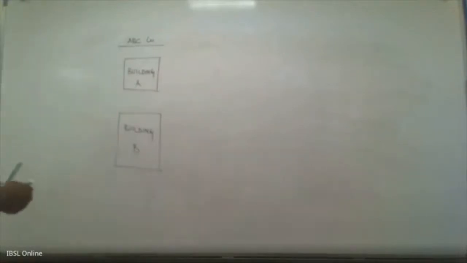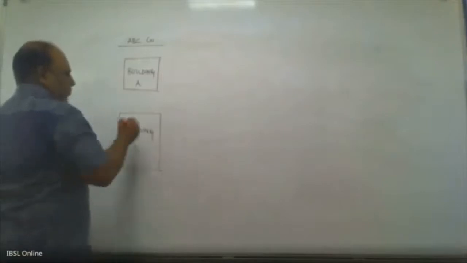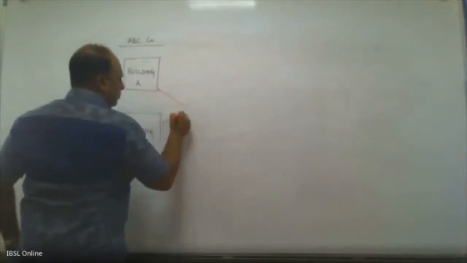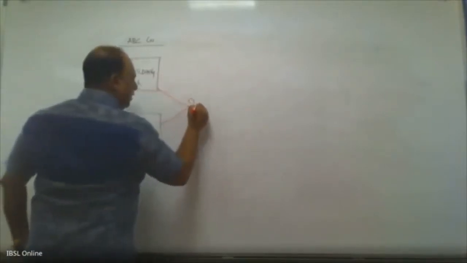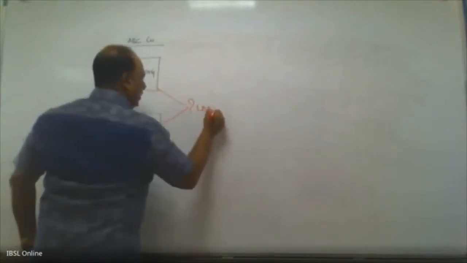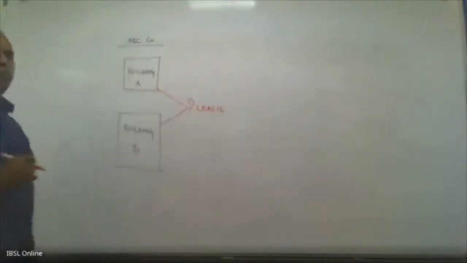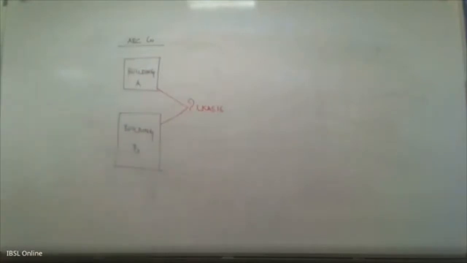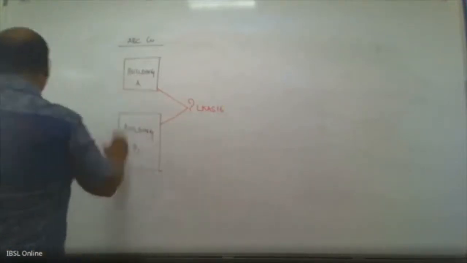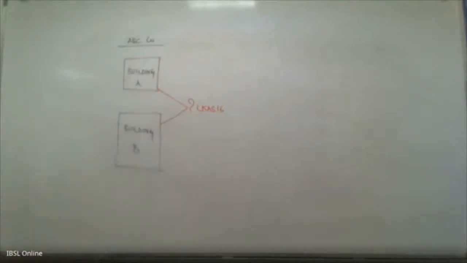Now the question is, whether you apply LKAS 16 for both these buildings. That is what my question is. Whether you can apply LKAS 16 for both these buildings, building A and building B. I hope everybody can see the board. You can see the board.